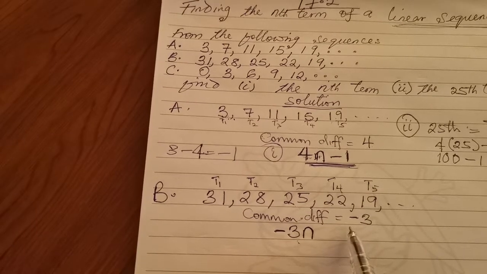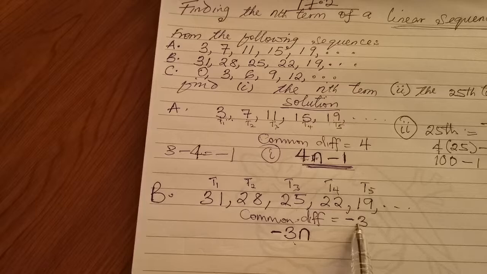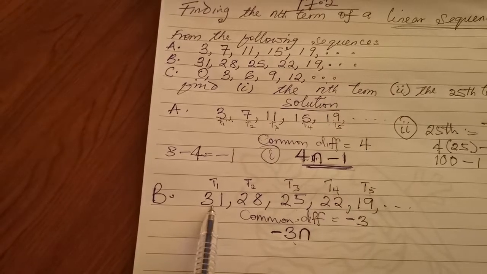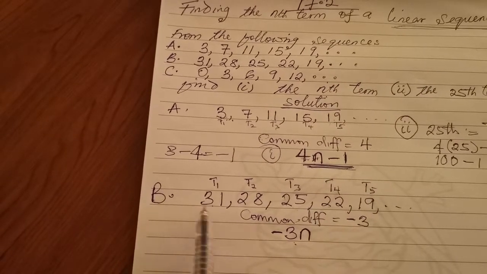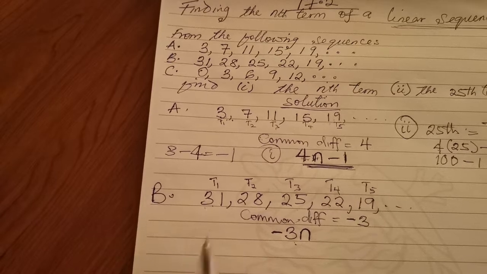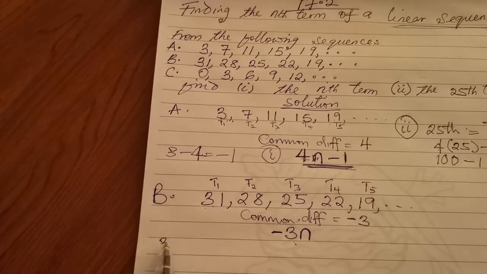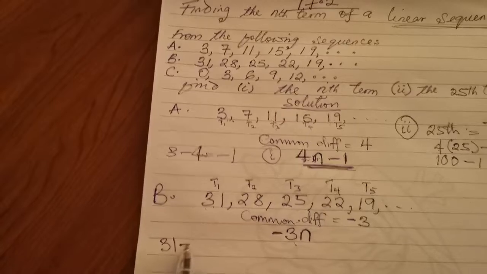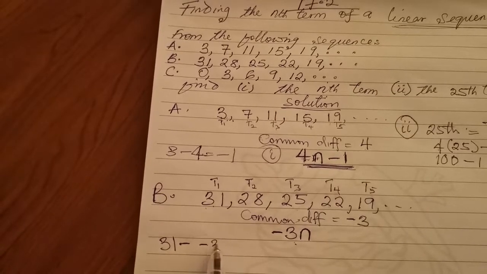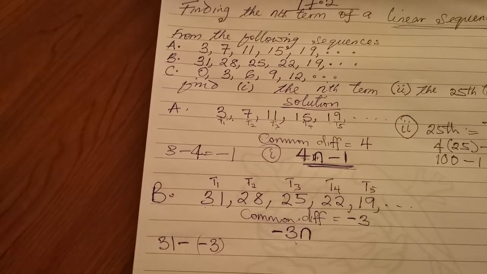Now let's look for the second part. For me to look for the second part, I will subtract the common difference from the first term. That means I'm having 31 minus 3. No, this is minus 3, don't forget.